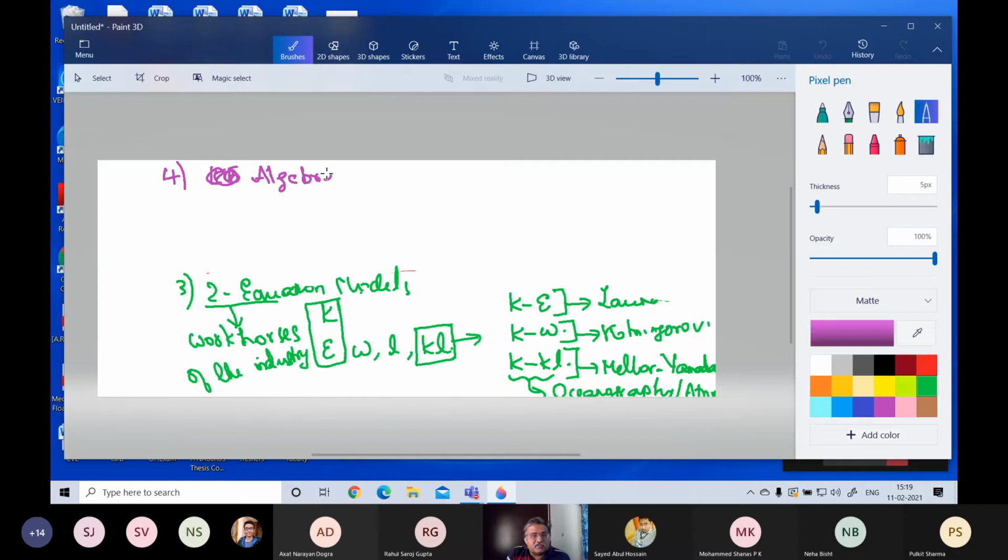Sorry, there is something else. Algebraic stress models, I'll tell you, use an equation for the Reynolds stress, Rij, directly. Reynolds stress is this.